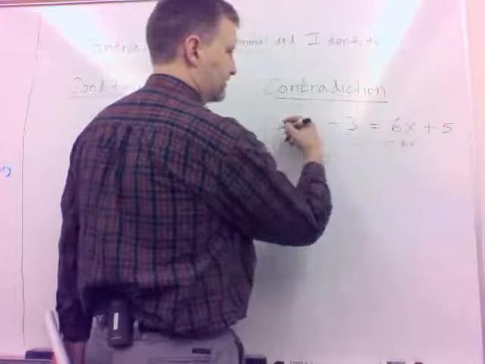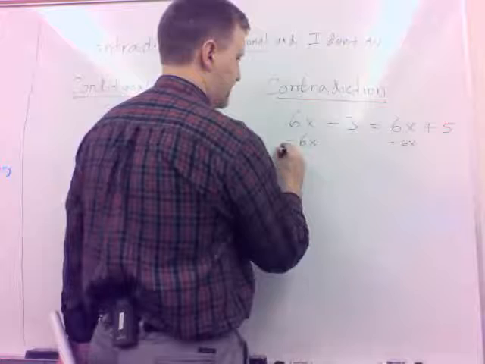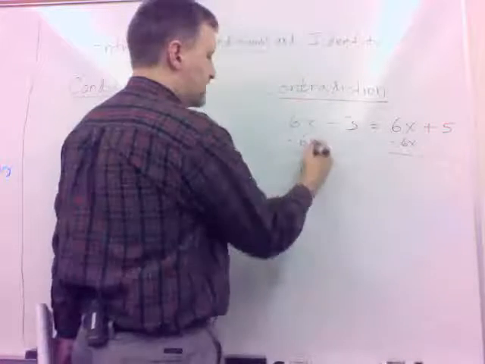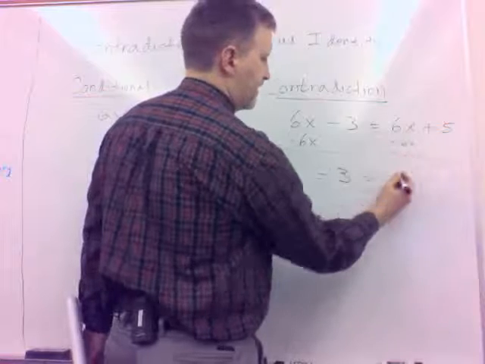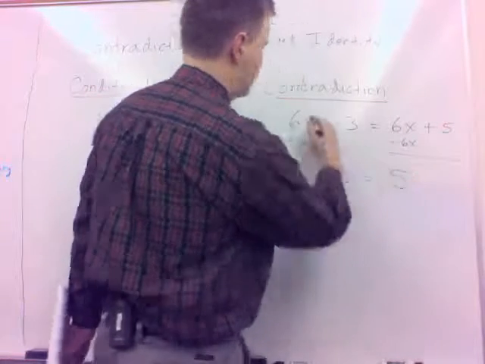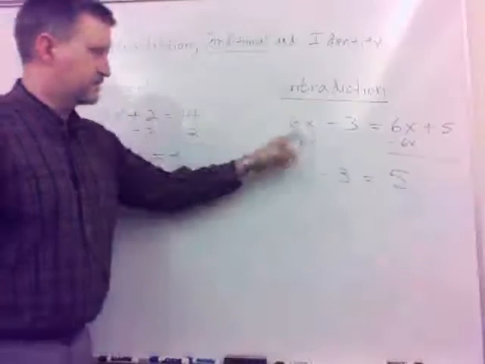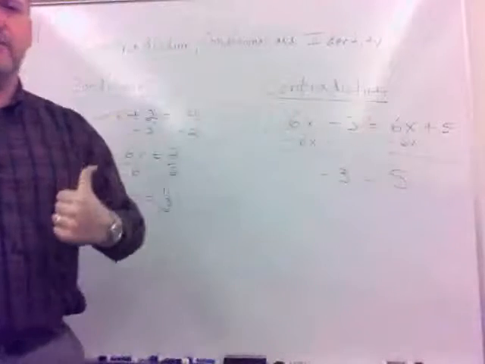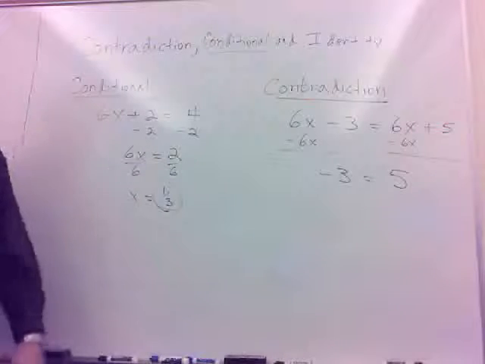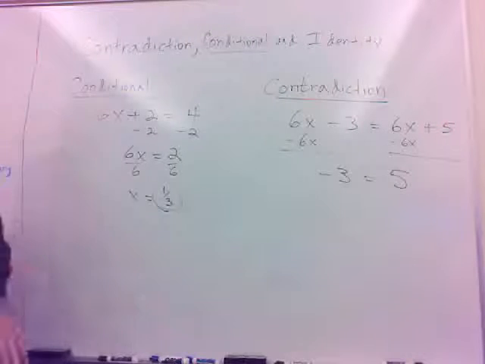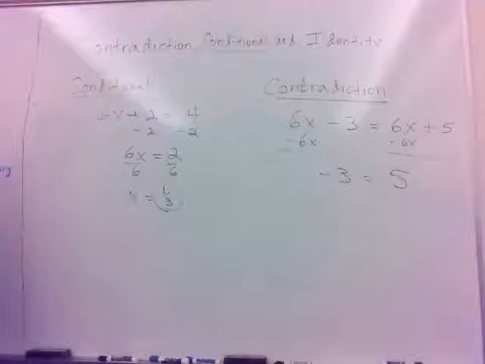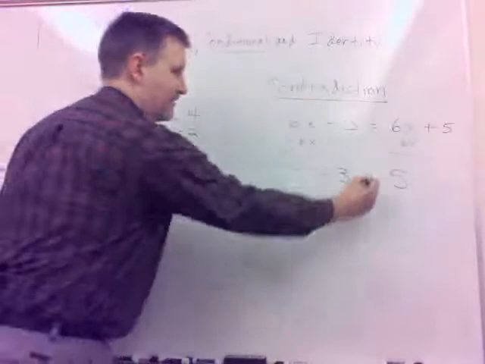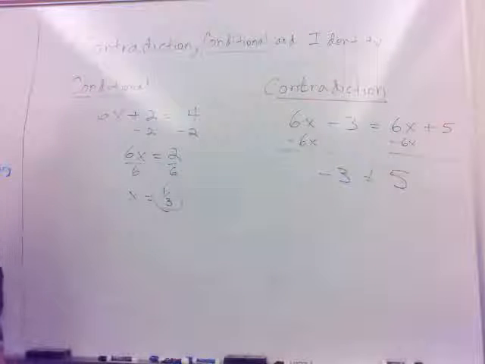Move this 6x to this side, so we subtract 6x. 6x minus 6x gives me negative 3. 6x minus 6x plus 5 gives me 5, because in both cases 6x minus 6x is 0. Here's what we wind up with. The variables have gone away. We're just left with the equation negative 3 equals 5. Well, obviously, that doesn't make much sense. Negative 3 cannot equal 5.